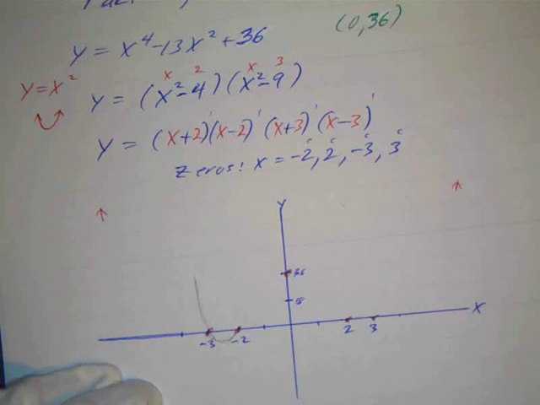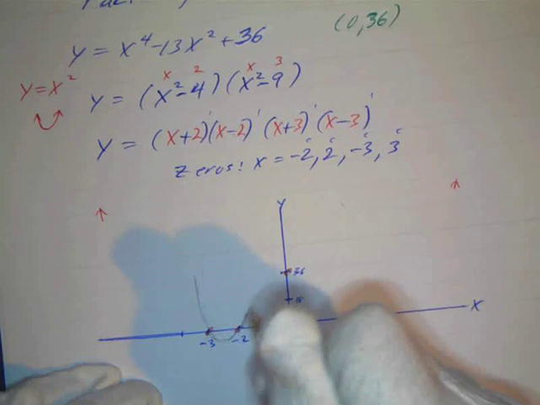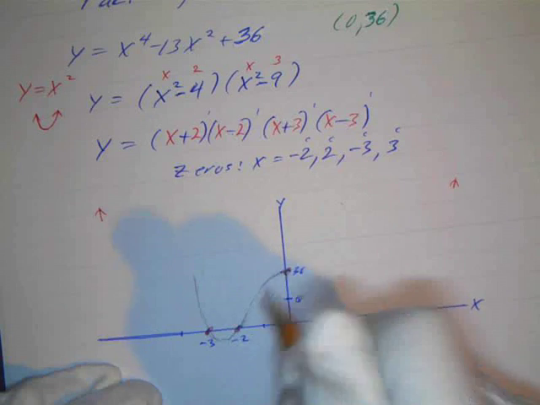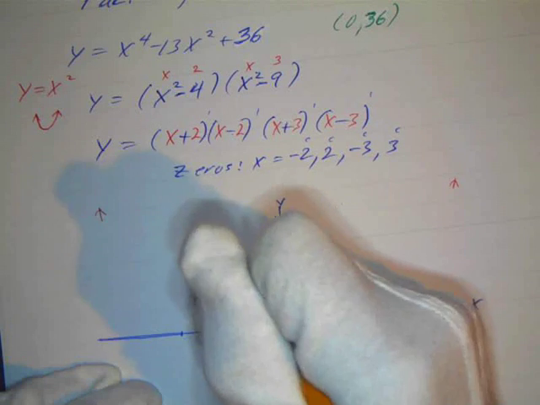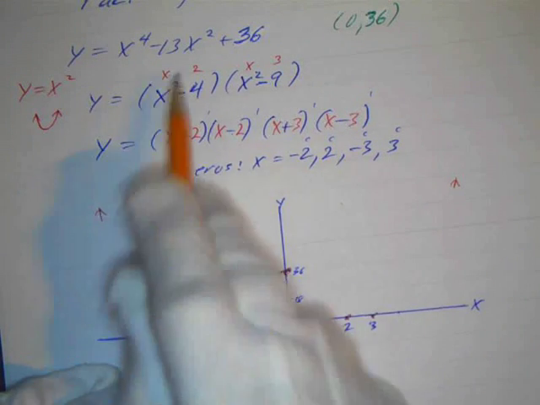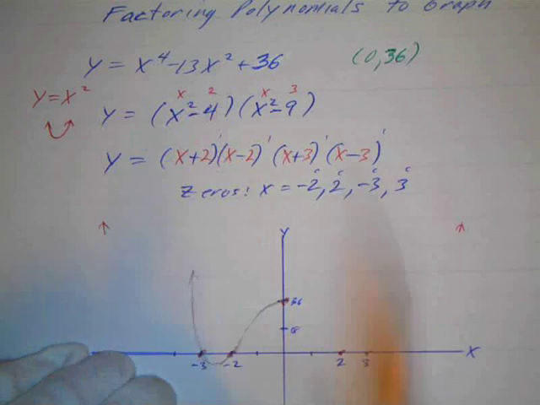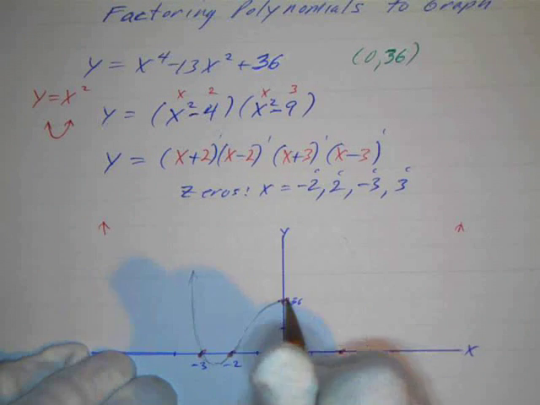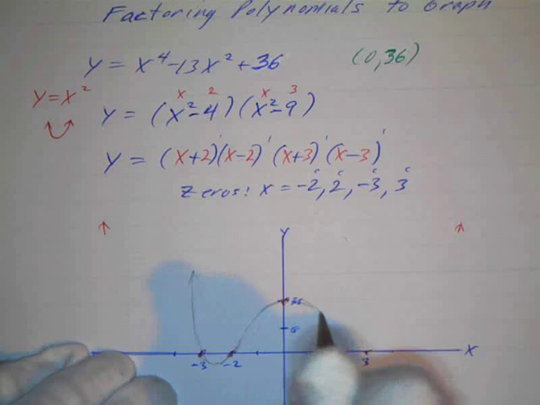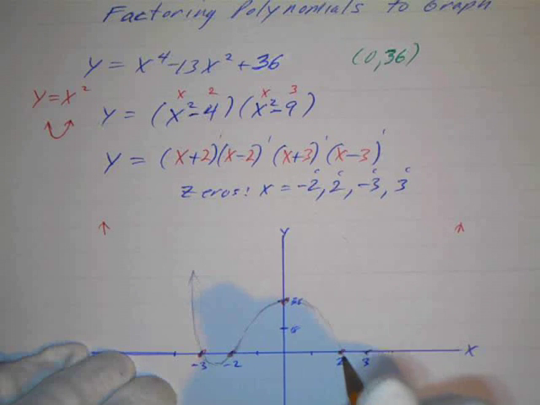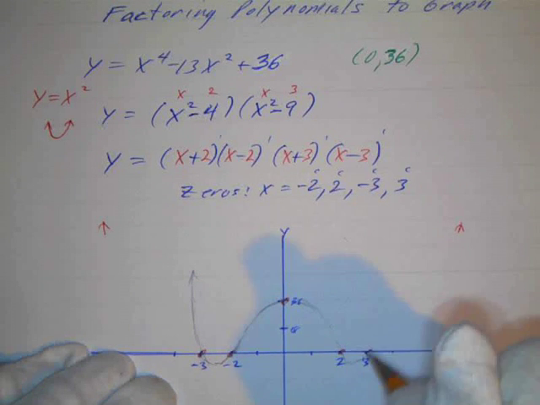It's going to dip back, it's going to cross, and it's going to come up. We talked about this in class. This is an even function because the powers are all even, so it's going to be symmetrical about the y-axis. So it's going to look just the same way on the other side. So I'll try to keep that in mind.